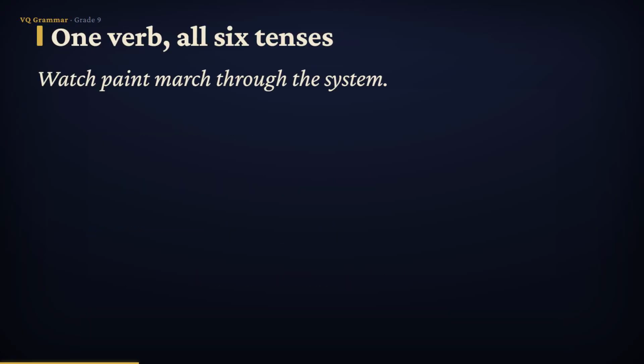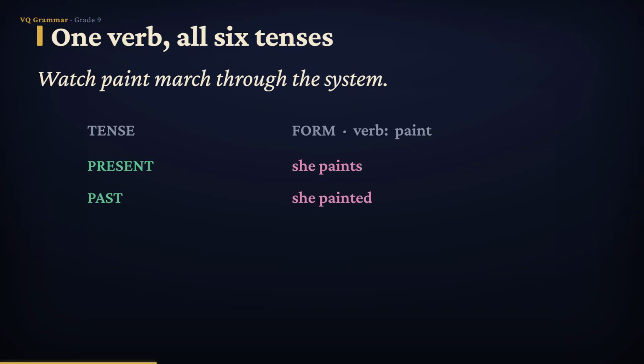Here's the whole system on one board. Our verb paint marched through all 6 tenses in order. On the left, the tense. On the right, the form. Present, she paints. Past, she painted. Future, she will paint. Those are the 3 simple tenses, in green. Then the perfect tenses, in blue.